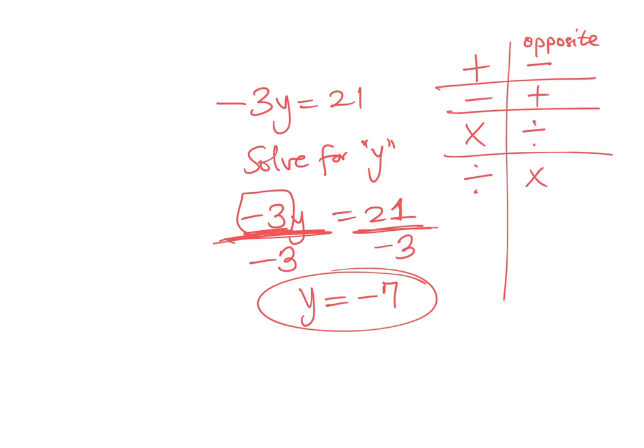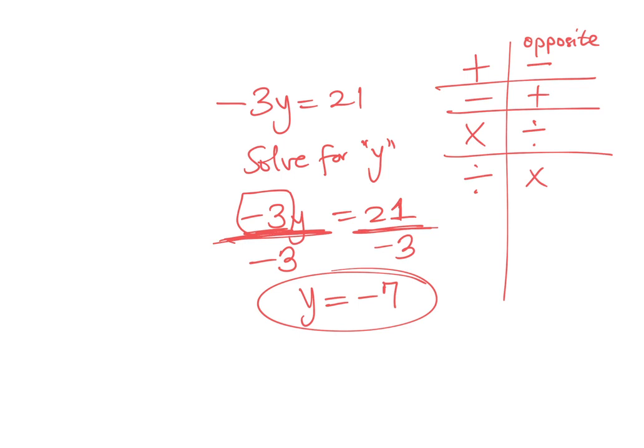If you have a multiplication, you use division. If you have division, you use multiplication to get rid of something. So for example, if something is in the denominator, if there's a division factor, then you go ahead and use multiplication to get rid of that. So that's how you do this, with addition, subtraction, multiplication, and so on and so forth. You use the opposite operation, and that's how you get your answer.